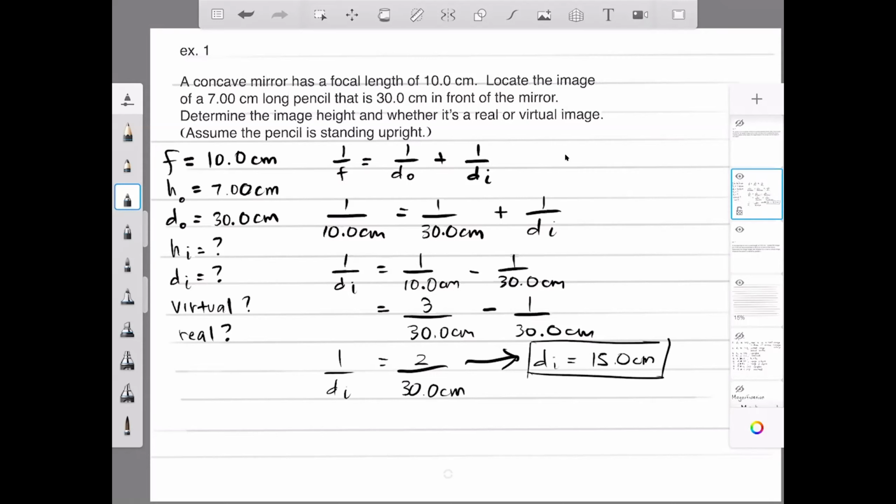Since dI is a positive number, that means the image is going to be in front of the mirror, which means that it is a real image. So dI ended up being 15 centimeters. No, not hI, dI.